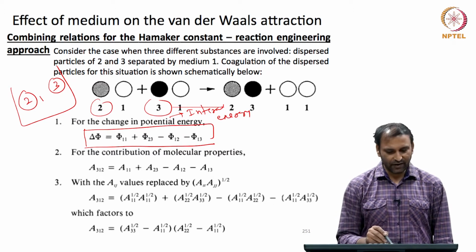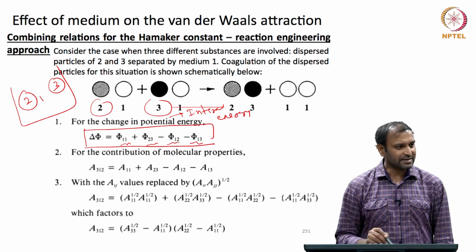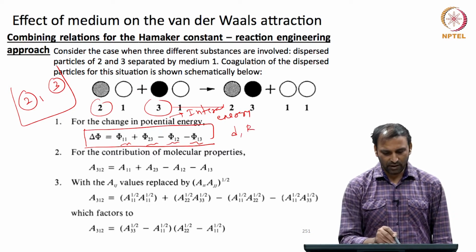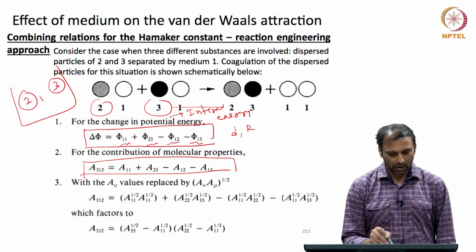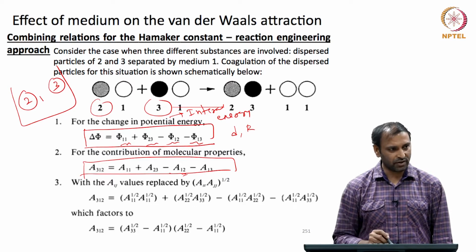And again, if I assume that each term depends in exactly similar way on the distance of separation and the dimension of the particles, then I could write A312 as A11 plus A23 minus A12 minus A13.